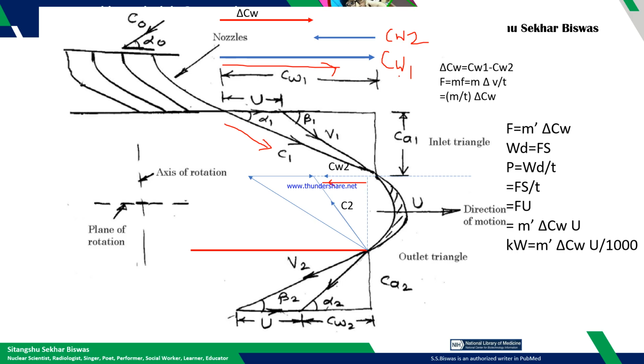Now the resultant of these two, because both are parallel vectors but the direction is opposite, is this one. So we can tell the change of velocity of the steam jet along the direction of blade motion is del CW.